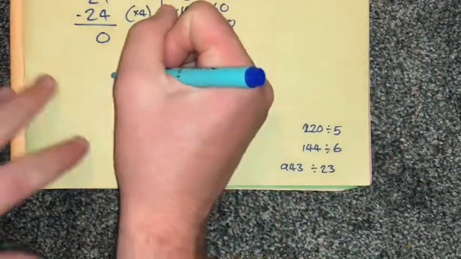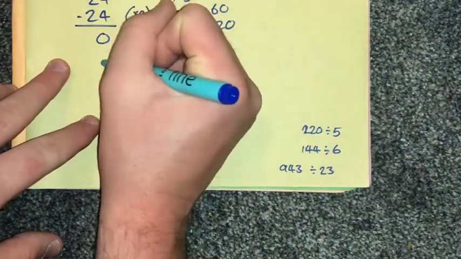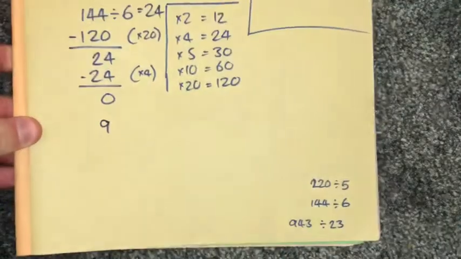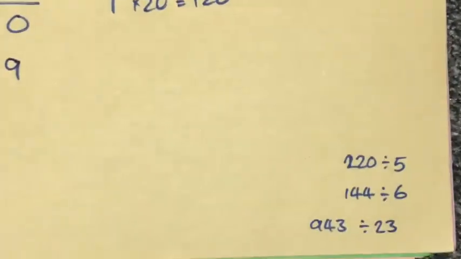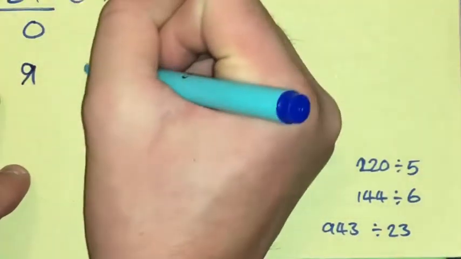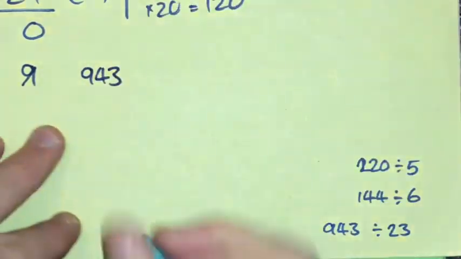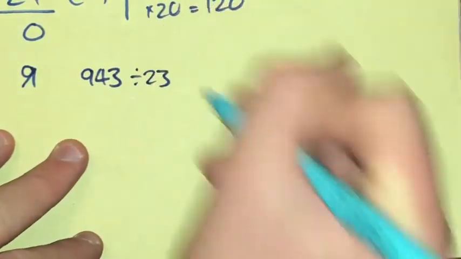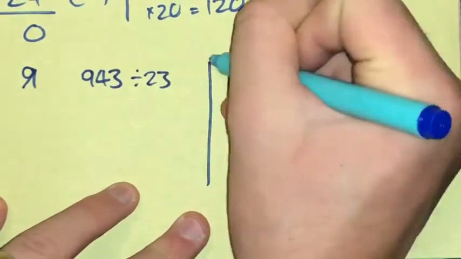Okay, last one. Let's say I'm going to have to write a little bit smaller. Can I zoom in? Yeah, let's go for that. Let's do 943 divided by 23. So this is where our key facts box is incredibly important now.